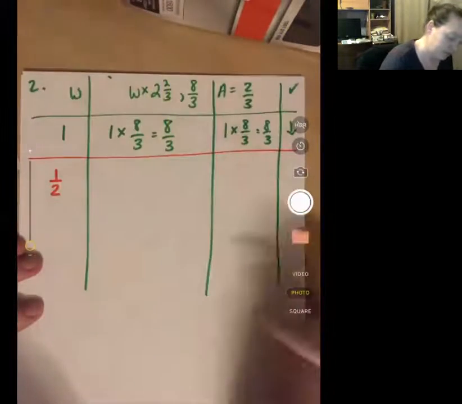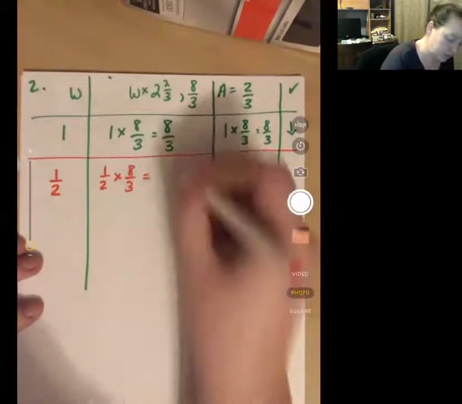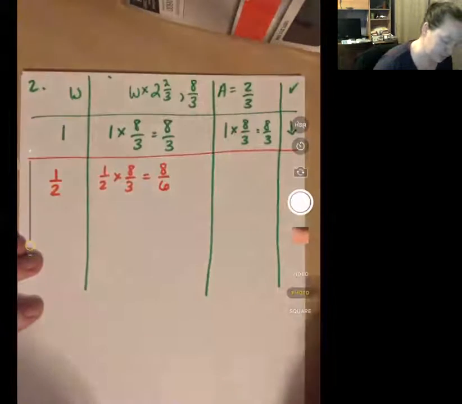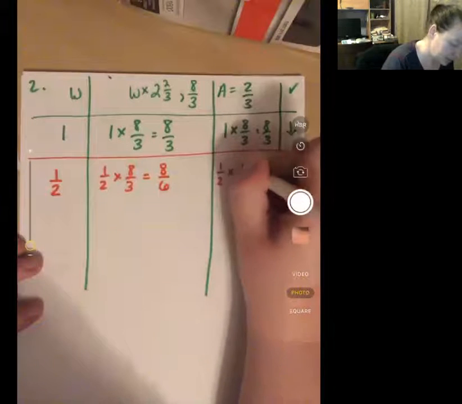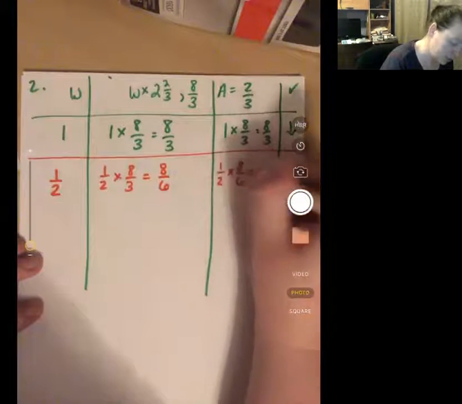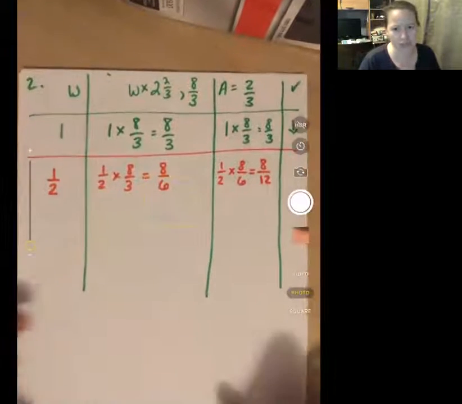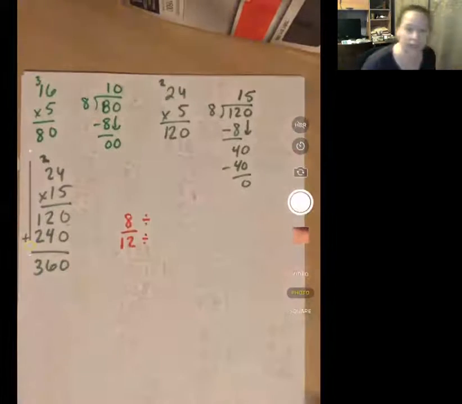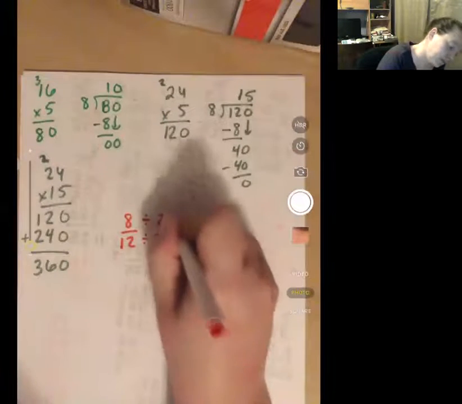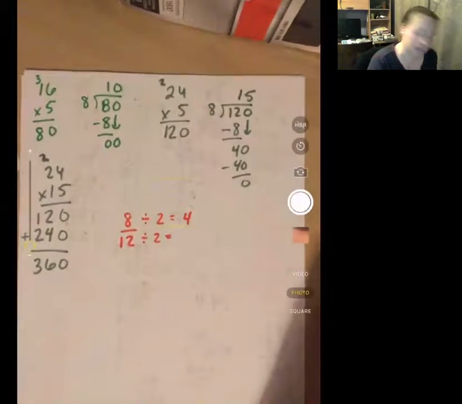Let me try 1/2 and see what happens. So I have 1/2 times 8 thirds, which gives me 8/6. So then I have 1/2 times 8/6, which gives me 8/12. Let's reduce that. 8/12, I can divide out a 2 from both sides. 8 divided by 2 is 4. 12 divided by 2 is 6.